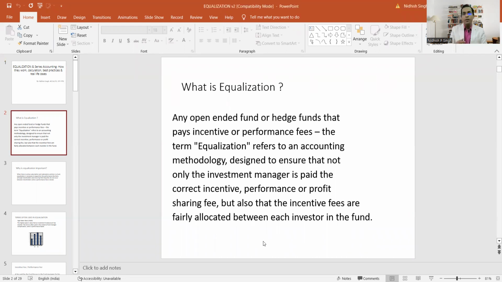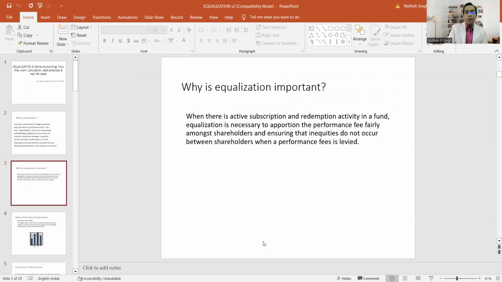So it is important that whenever a new investor comes and contributes capital, we allocate the profit in such a way that it does not disincentivize any of the investors because of the timing gap. So that is the equalization method, whereby we try to equalize the gains and losses in a proportionate manner and be fair to all the investors.